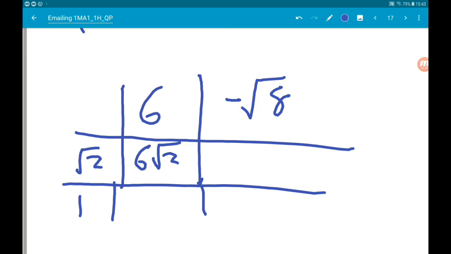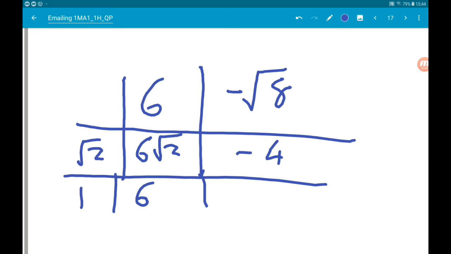Root 2 times minus root 8 is minus root 16, which is minus 4. 6 times 1 on a good day is 6. And 1 times minus root 8 is minus root 8.